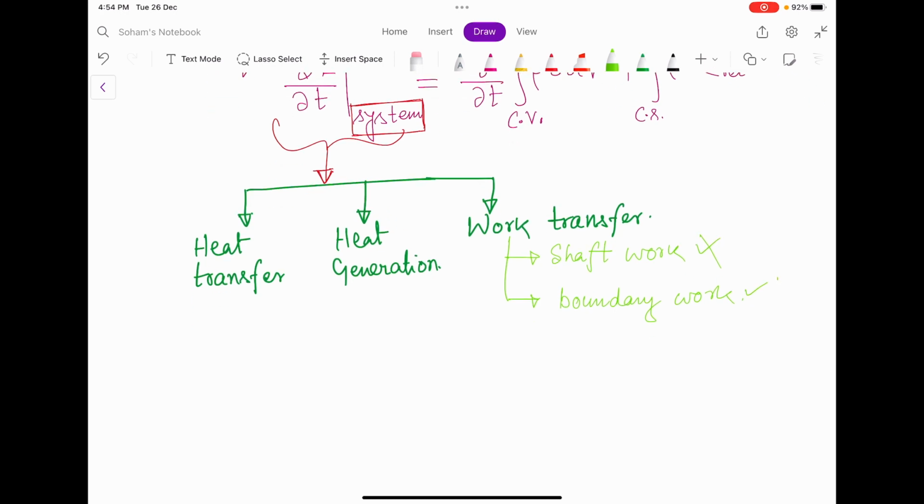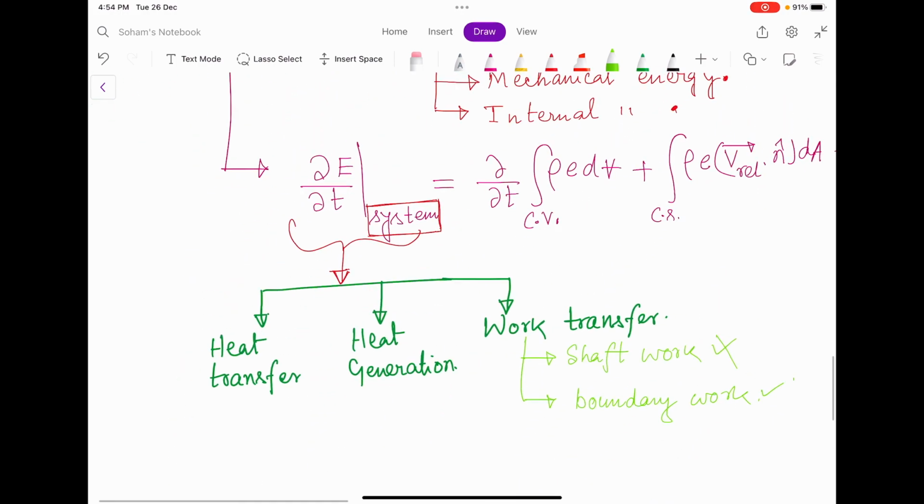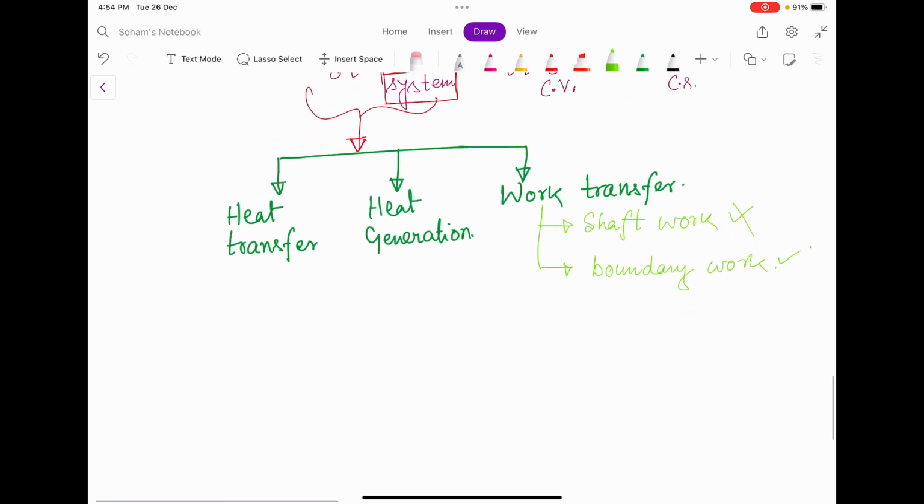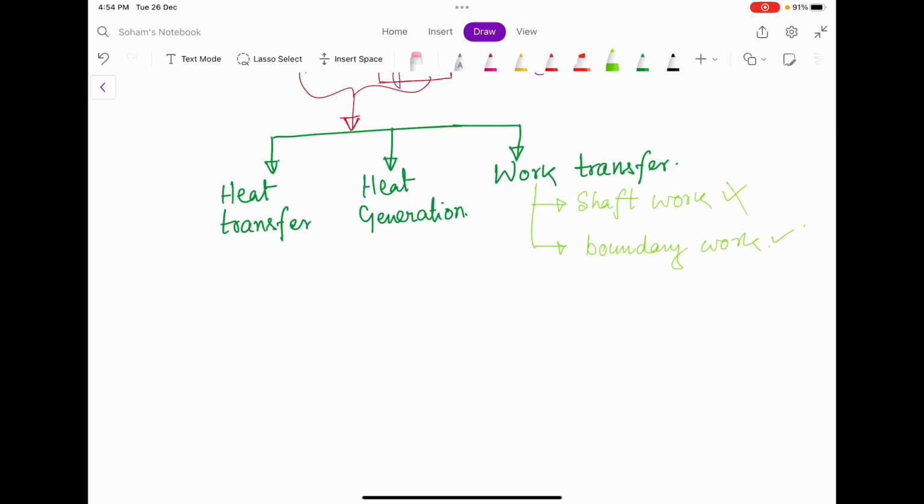Boundary work means essentially analogous to some pdv. Here it is not a shaft work at least, and it is not exactly correct to term it as a boundary work, but still it is not a shaft work, that is we are rotating some shaft. That is another issue that can also be incorporated here, but the energy equation is not considering that.